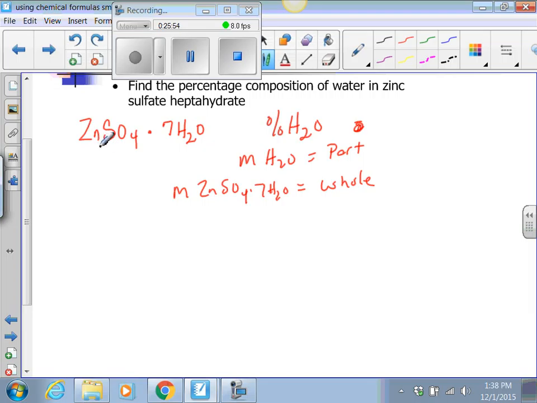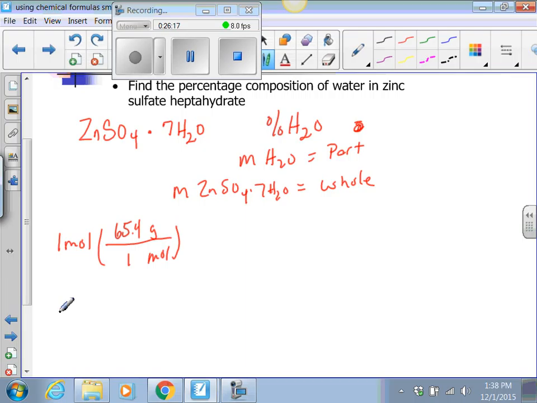Okay, we have, according to this formula, how many moles of zinc? 1. So we have 1 mole of zinc times the mass of zinc per mole of zinc. Zinc is 65.4 grams. Okay, and that's 1 mole.